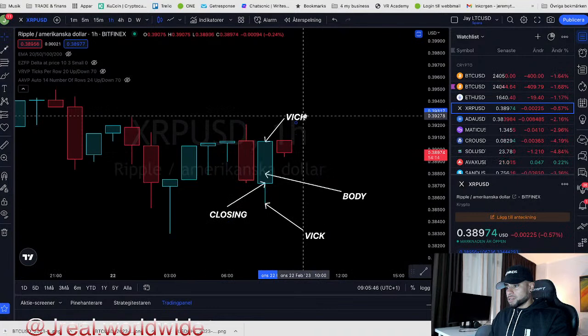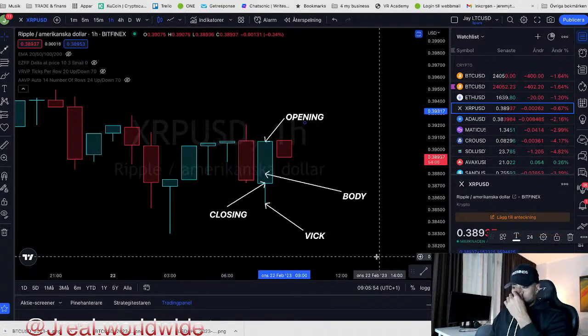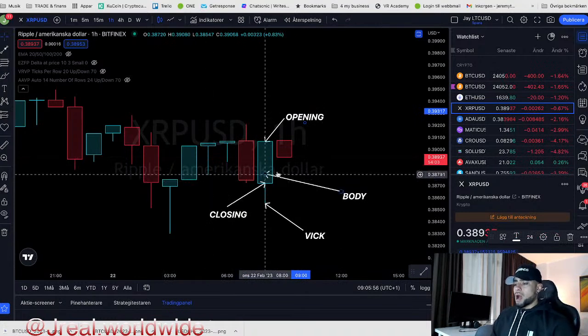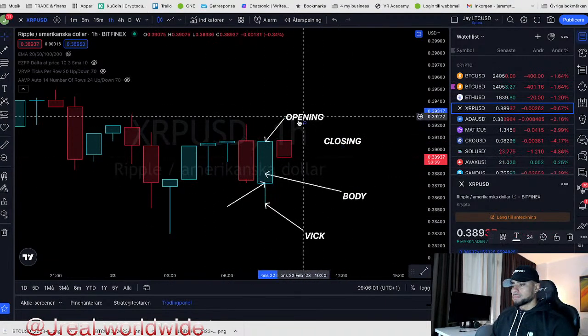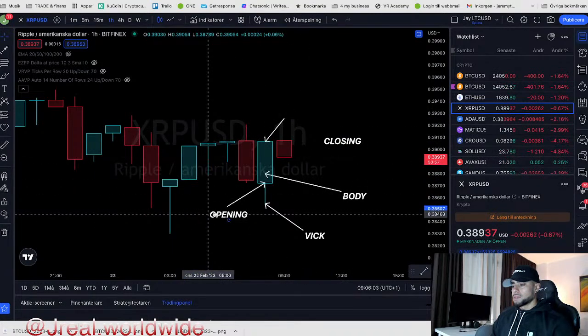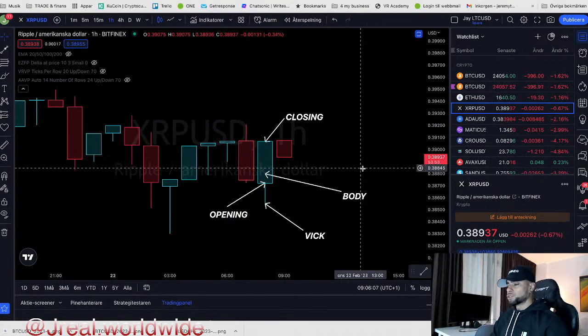And this here is opening. Now we're going to talk about opposites, opening, closing. So we're going to talk about a bullish candle first, a green candle.